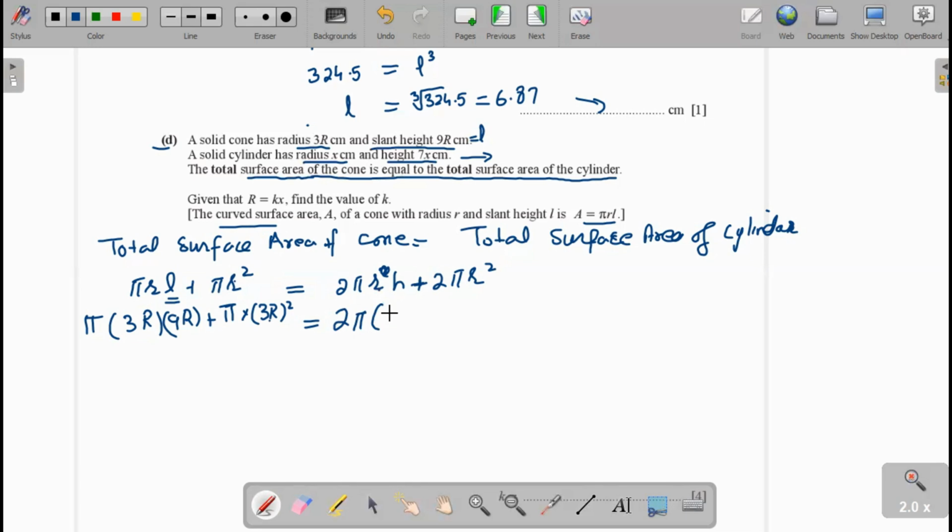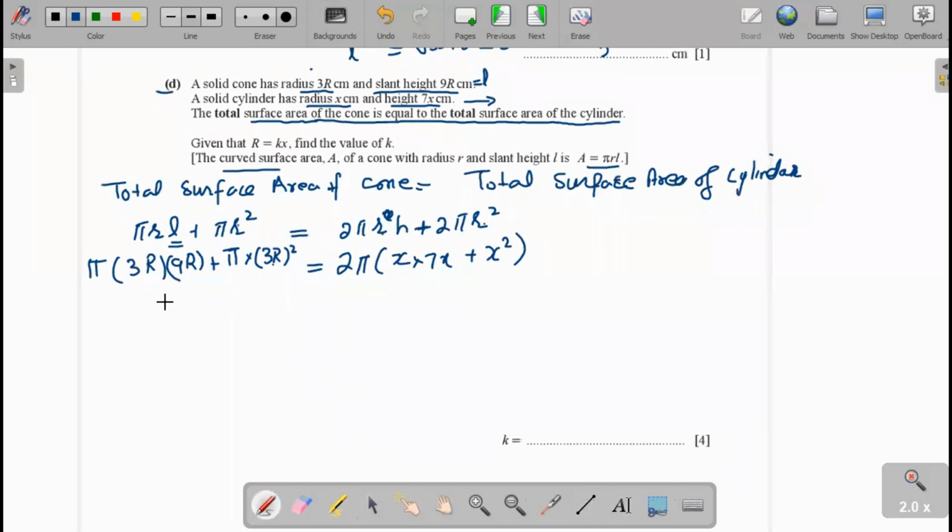The radius of the cylinder is x centimeter, height is 7x centimeter, plus the radius of the cylinder is x centimeter, and we take the square. Now you see here that the value becomes 27 pi r square plus 9 pi r square, that is equal to 2 pi into 7x square plus x square, 8x square, and that is equal to 36 pi r square will be equal to 16 pi x square.